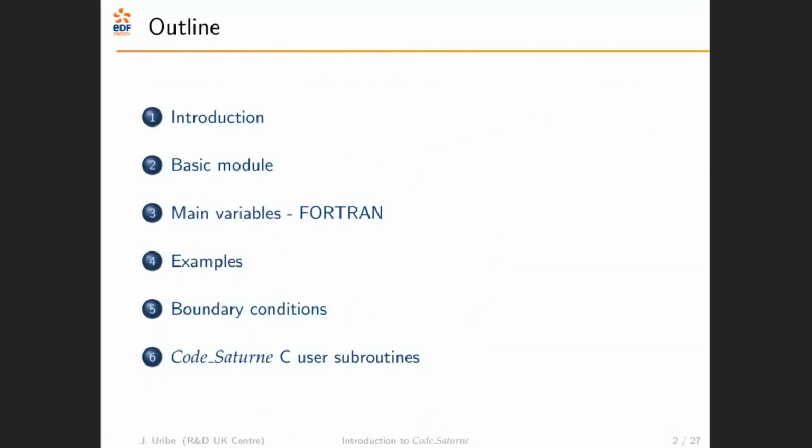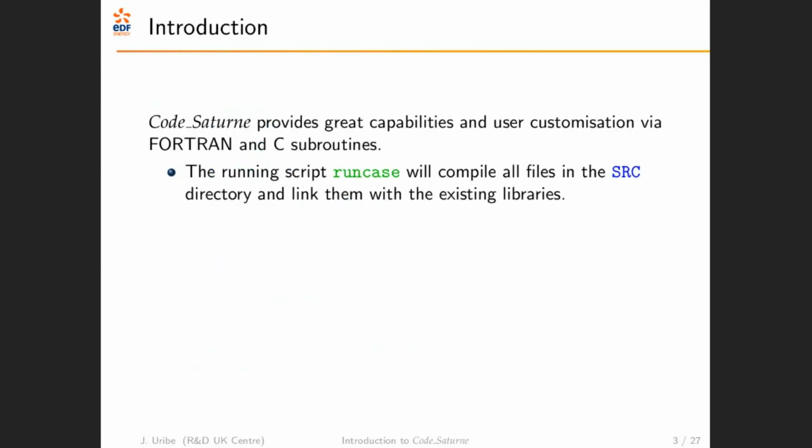I'm going to talk you through the different parts of the basics of programming in Code Saturn and give you some examples for Fortran and C. And then you'll put that into practice in the next tutorial.